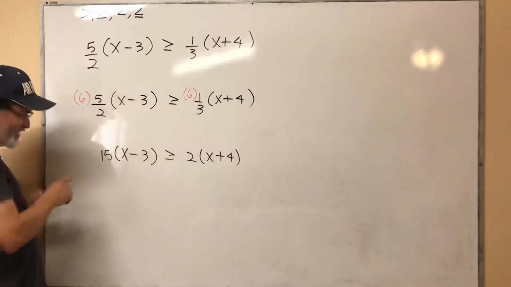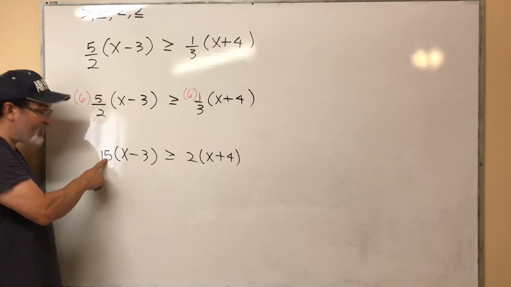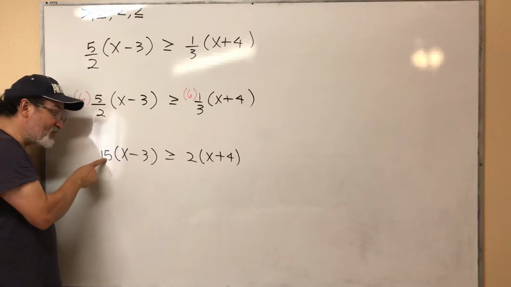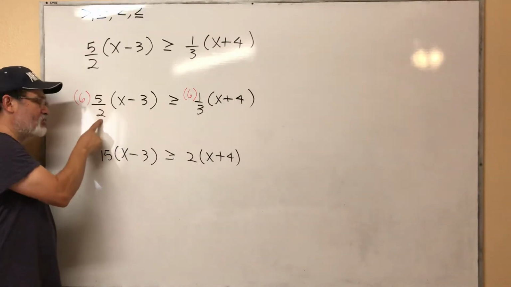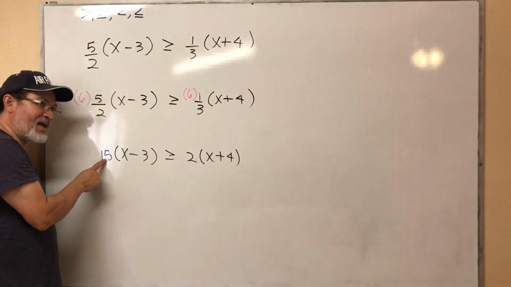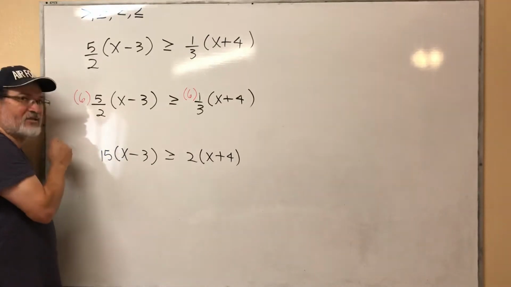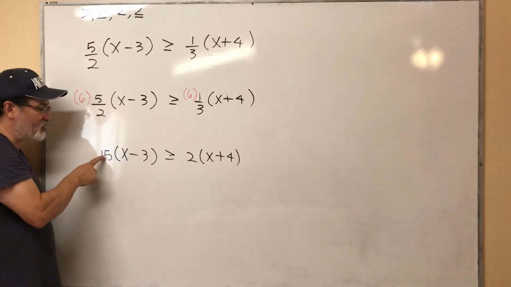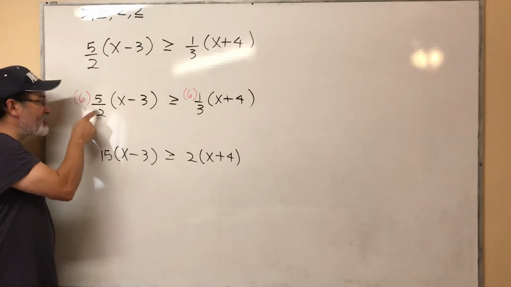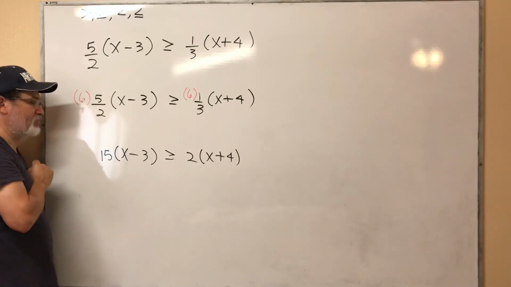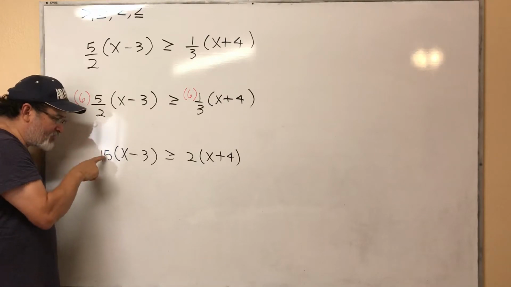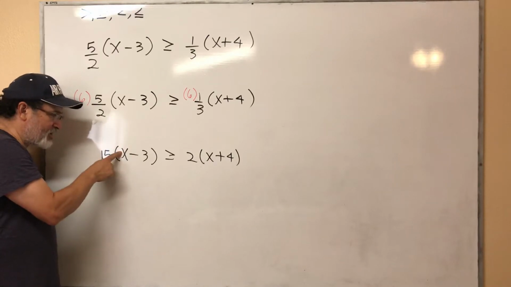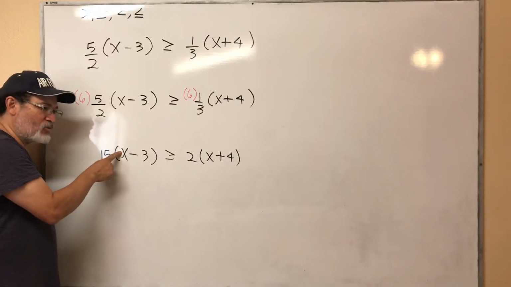Note, you see this 15? This 15 is 6 times 5 divided by 2. So this 15 has the 6 in it, the 5 in it, and the 2 in it. When you multiply this 15 into parentheses, when you multiply 15 times x, guess who's being multiplied by x?